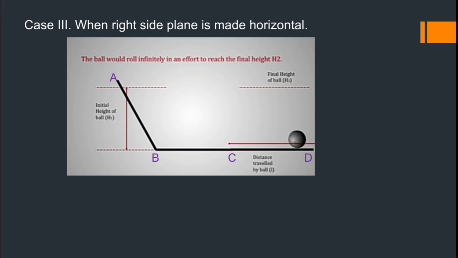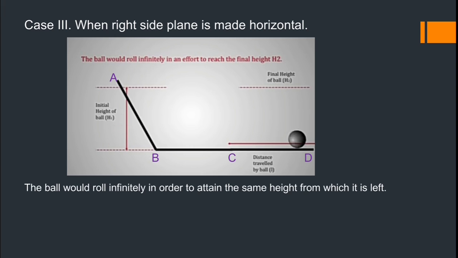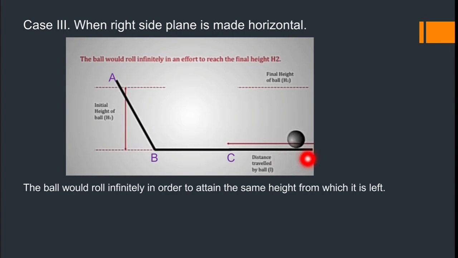It means we can say that the ball would roll infinitely in order to attain the same height from which it is left. Again, from this case, it is clear that no unbalanced force due to gravity acts on this ball while moving along the horizontal plane CD. It means the ball is moving along this horizontal plane CD without any external unbalanced force.